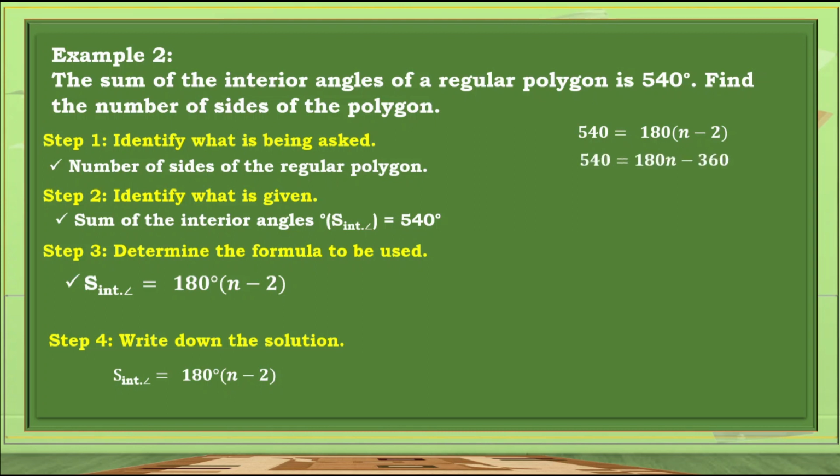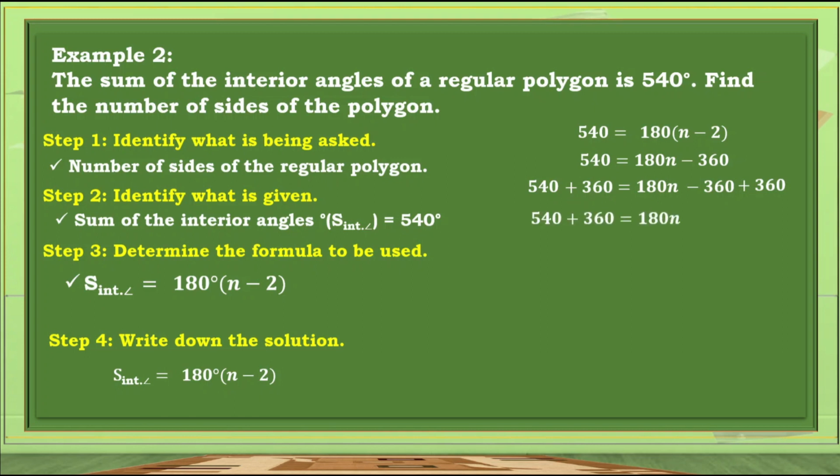Then simplify. We have 540 equals 180 times n, which is 180n, minus 180 times 2, and that is 360.